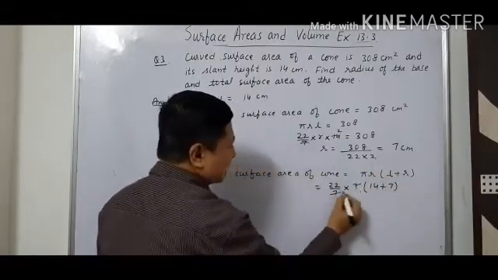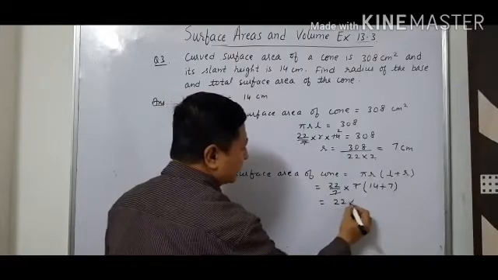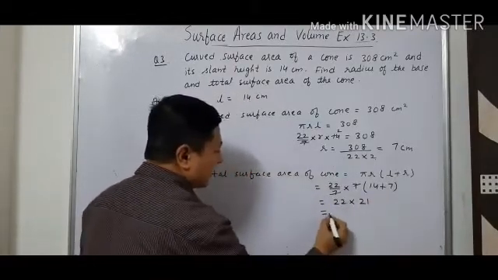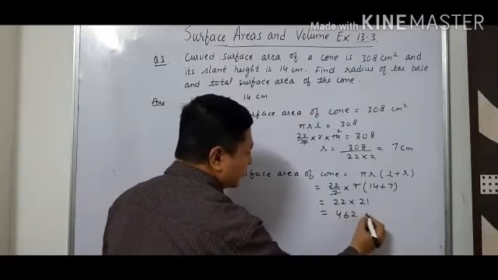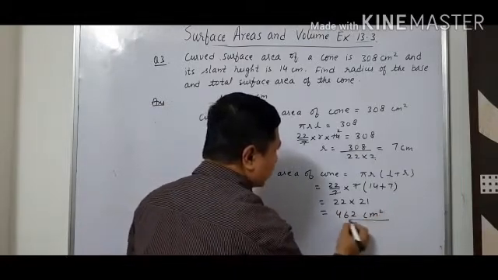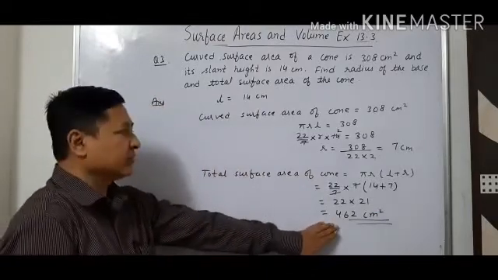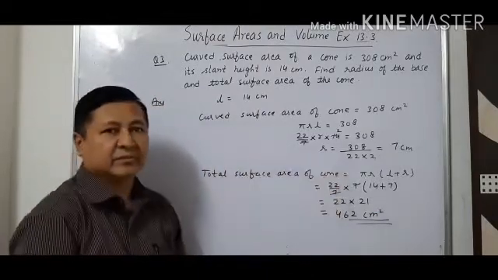So this will cancel. So 22 into 14 plus 7 is 21. When we solve this, we'll get 462 centimeter square. So the total surface area of cone is 462 centimeter square and radius is 7 centimeter.